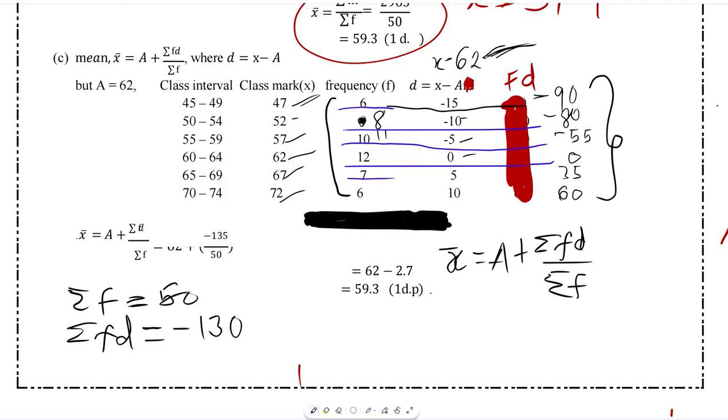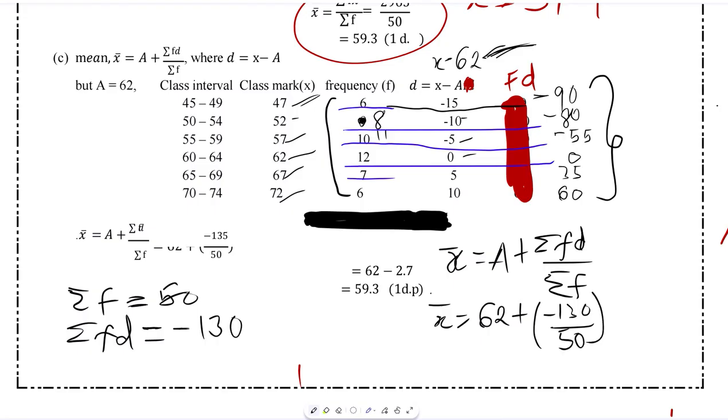So let's do that now. Our x bar will be what now? Our A, which is 62, plus summation FD. Our summation FD is minus 130 over 50.